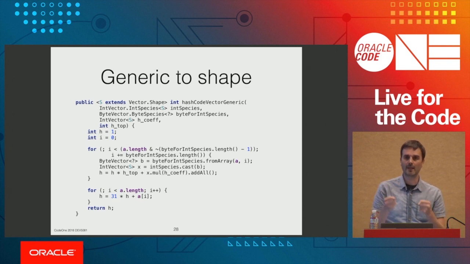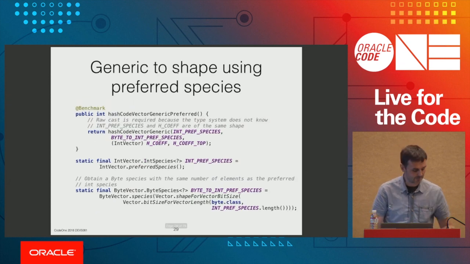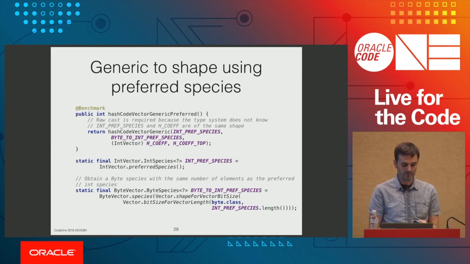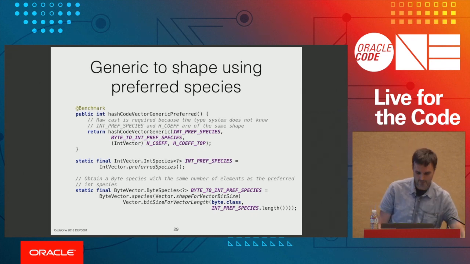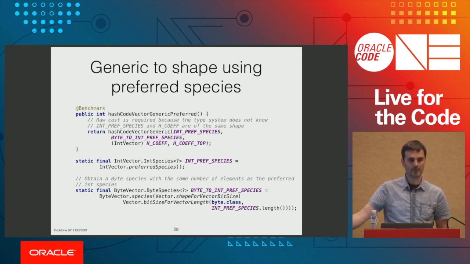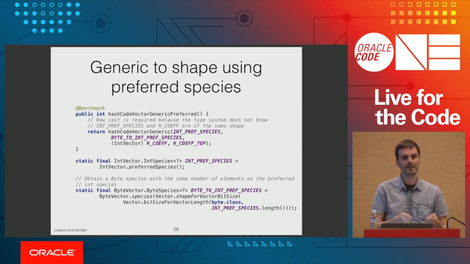So you do not have to encode your algorithm to the specific architecture, and that is key for getting this to work on architectures like ARM as well, which have variable length vectors that are runtime specific. So it's exactly the same algorithm, just generified. And there's some examples of how you create this that I'm not going to go into in detail for time. But the key takeaway is you can get a preferred species or factory out that is optimized for the maximum vector size that you can support on your system.